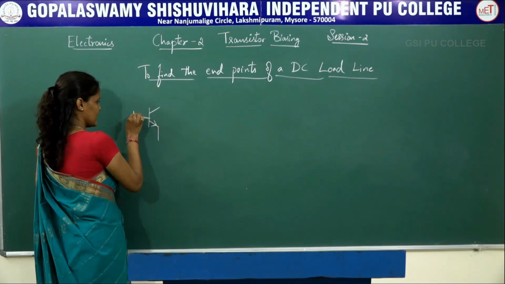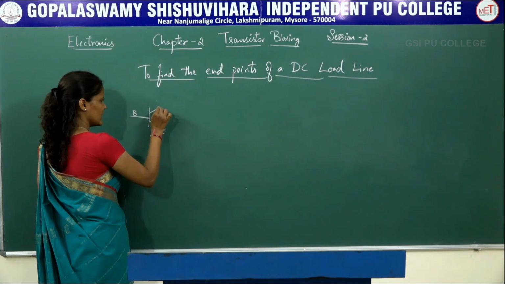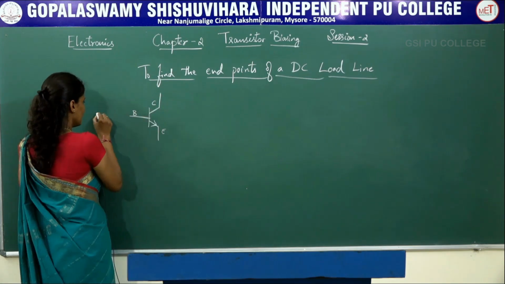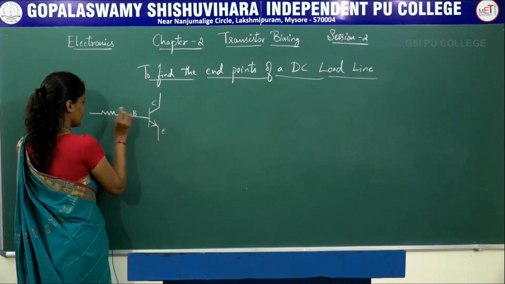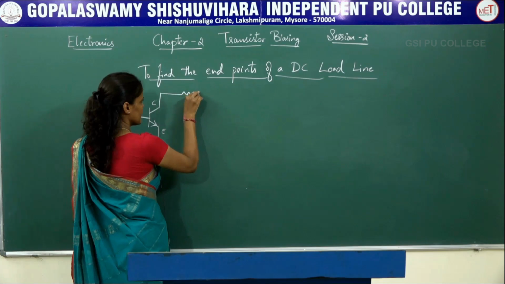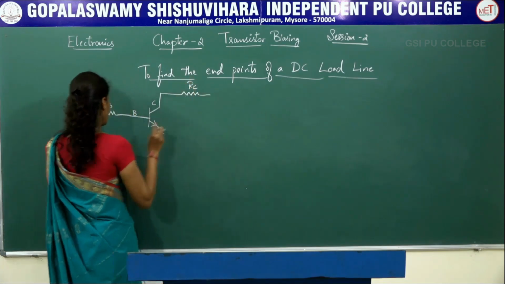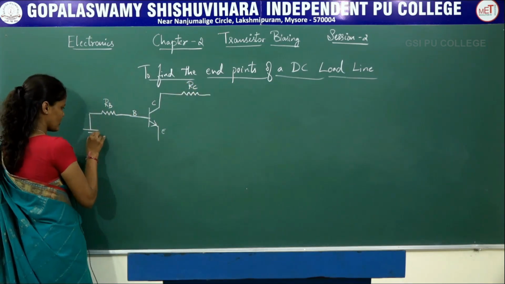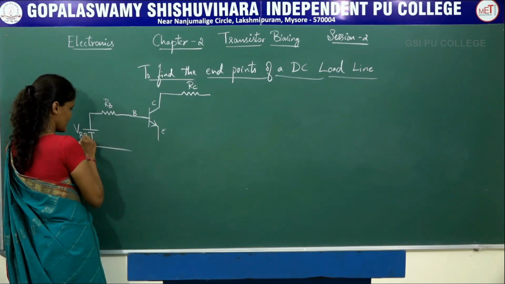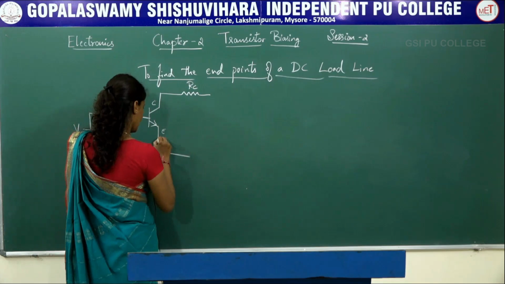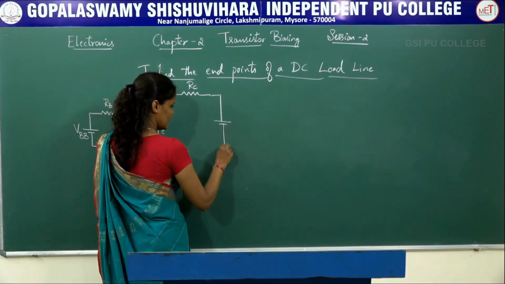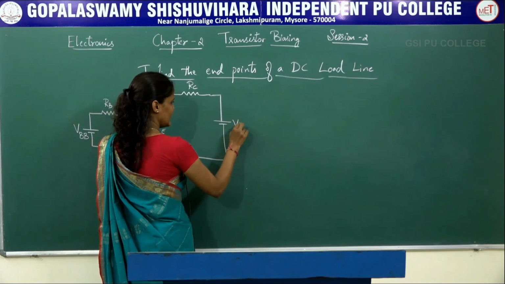This is the base, emitter, and this is the collector terminal. We are going to use a resistor RB. Here again I will use a resistor RC, a voltage source which will be called VBB, and here we are going to use another voltage source. Let us call that VCC.